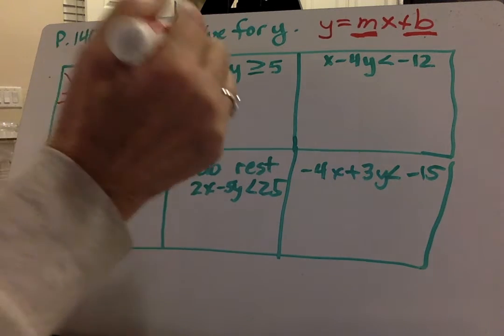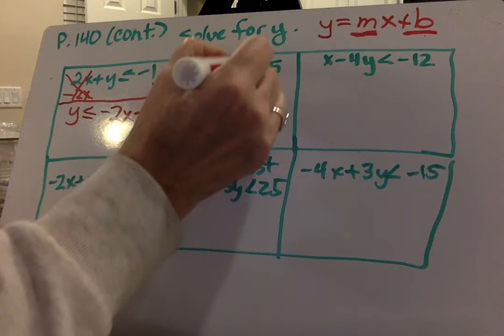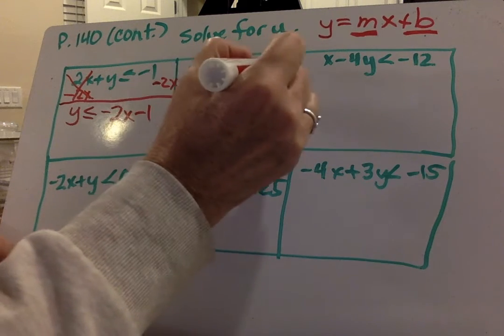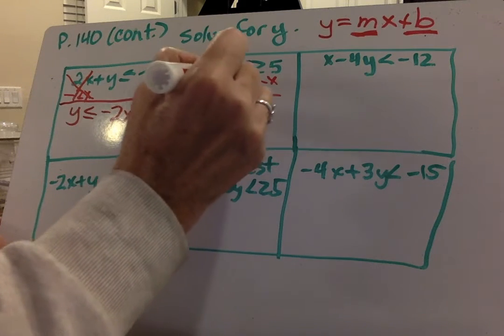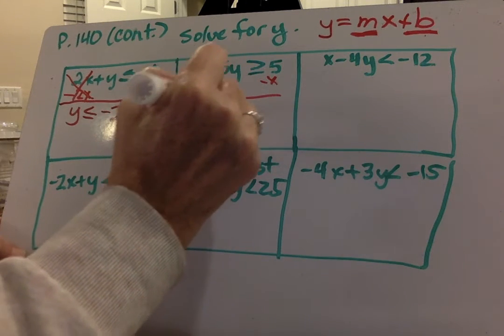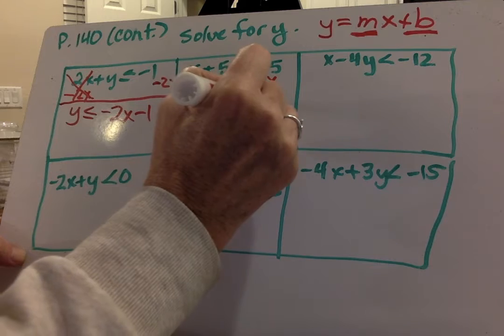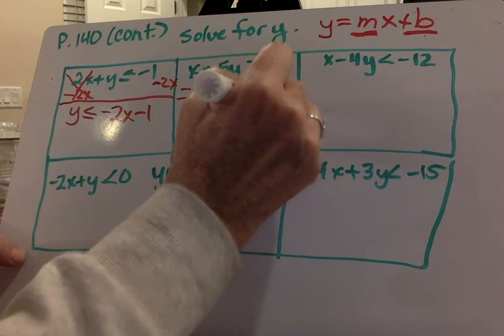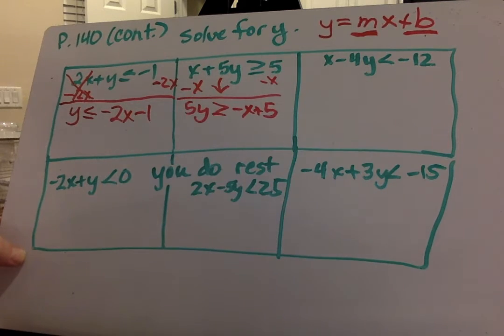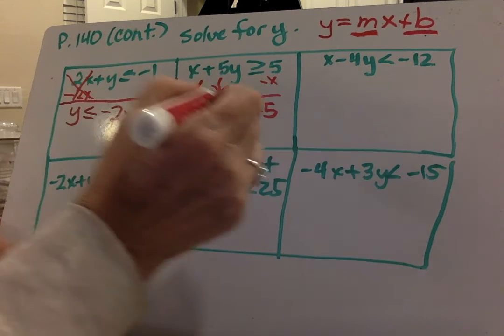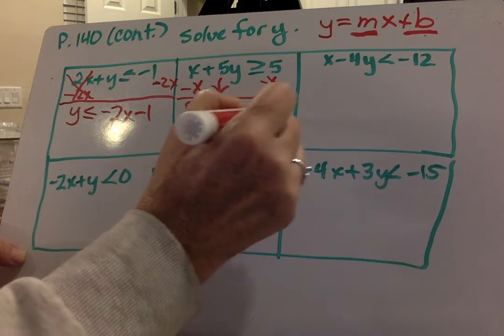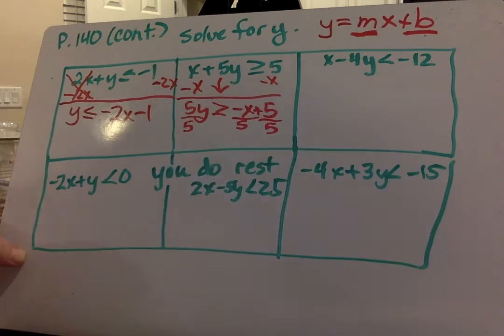Let's go on to this one. Again, we're trying to solve for y. So I minus x here, minus x over there. Bring this down. 5y is greater than or equal to -x plus 5. Then, since it's multiplied, I have to divide by 5. If I divide by 5 here, I have to divide by 5 there, and divide by 5 there.